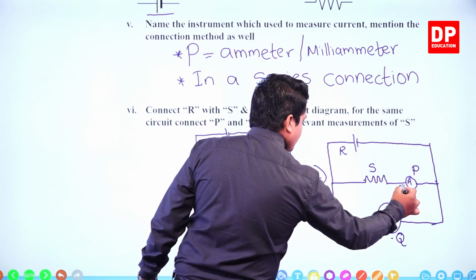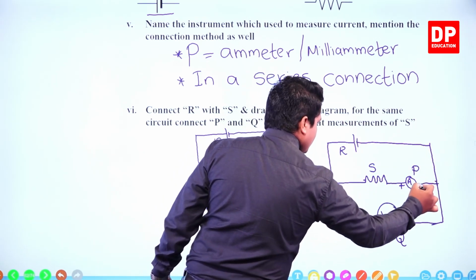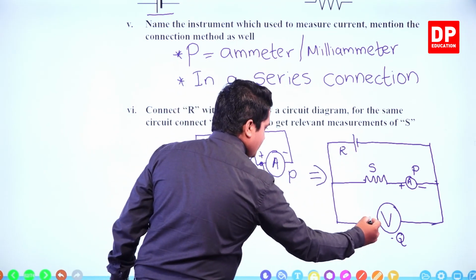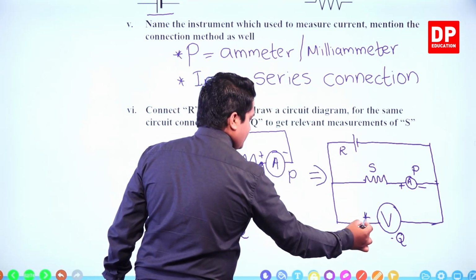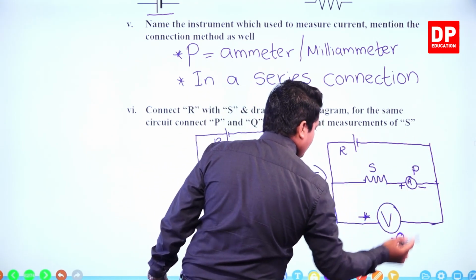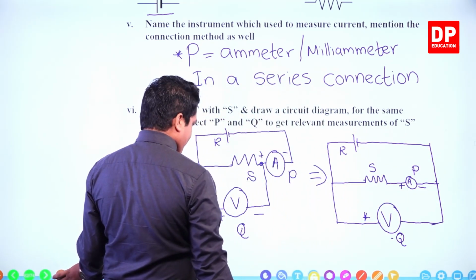So this terminal is positive, this terminal is negative, this terminal is positive, this terminal is negative.